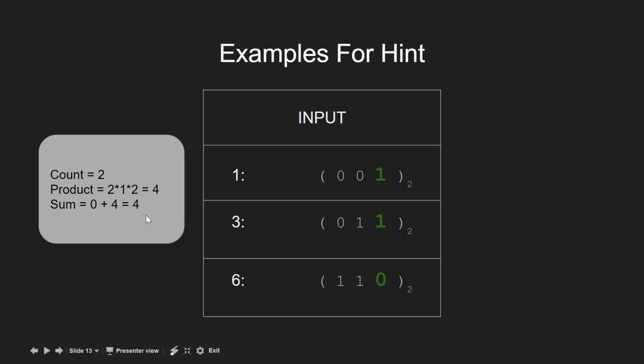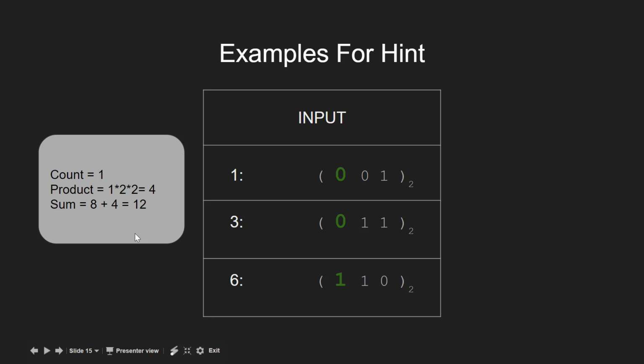Now we go on to the second bit and we again find two integers, 3 and 6, having this bit position as set. So again the product is equal to 4 and adding this to the sum variable gives us a sum variable equal to 8. At last, we do the same for the most significant bit and we find only one integer, that is 6, having this bit position as set.